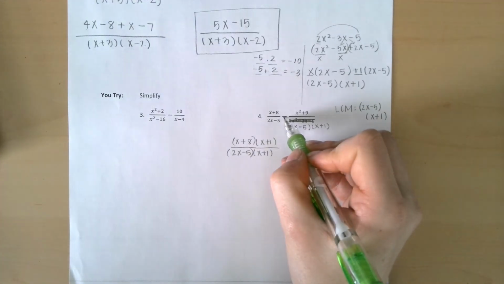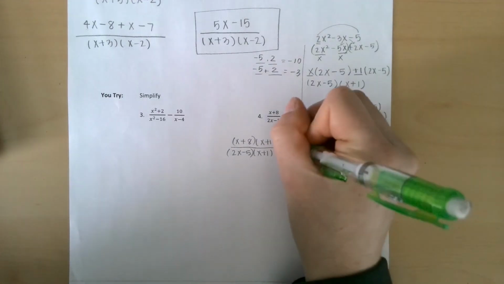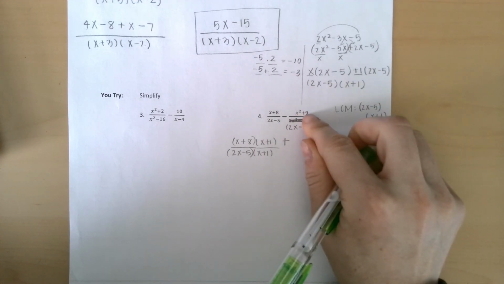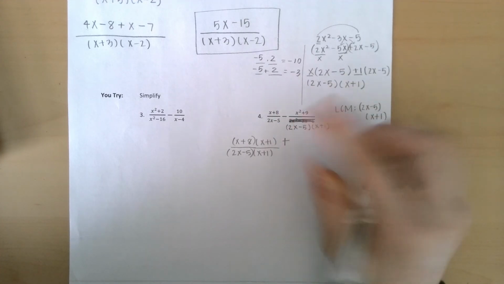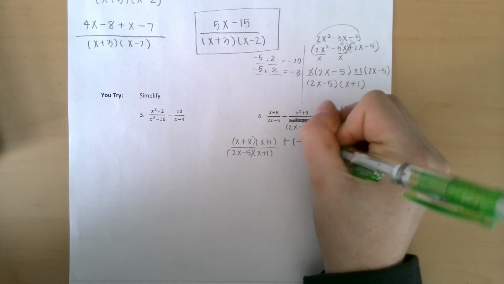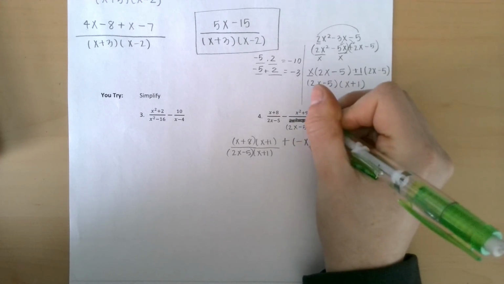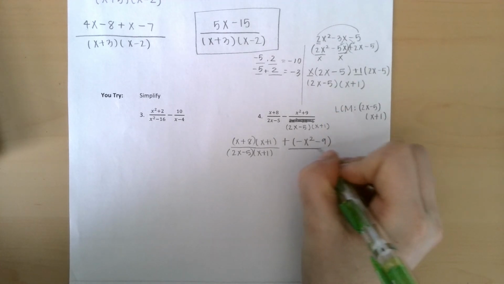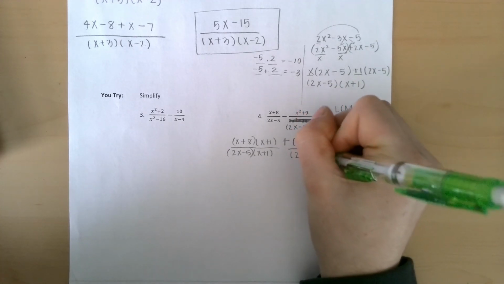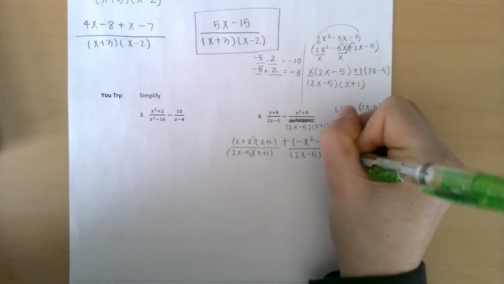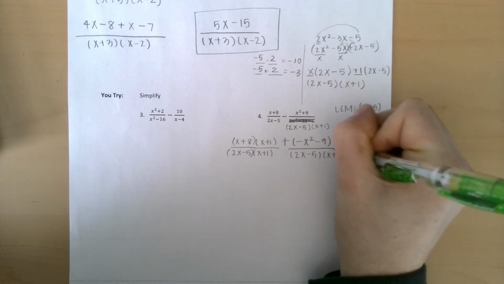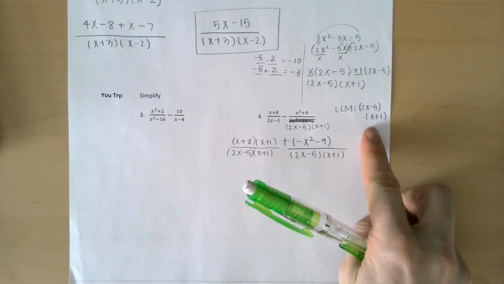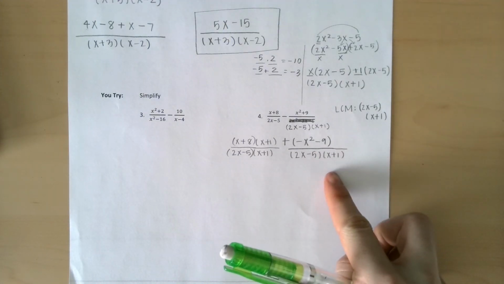Another subtraction problem here, so I'm going to change this to a plus sign and change the numerator signs as well. So this positive x squared will become a negative x squared. The positive 9 will become negative 9. Comparing that denominator to my LCM, looks like it already matches.